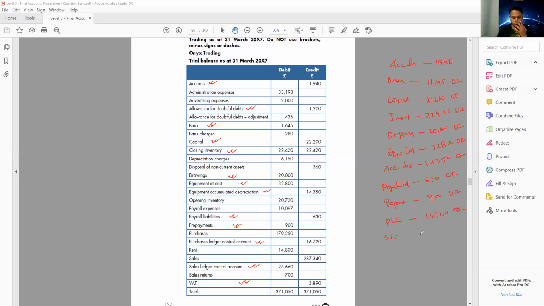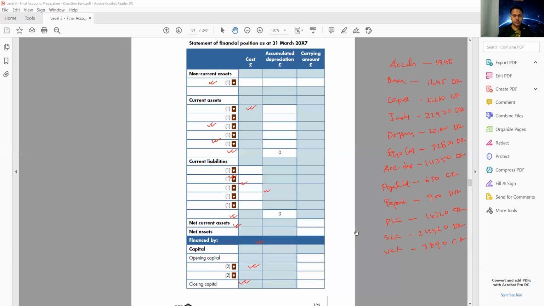This one should be the figure we did, 24,460. That's debit. And the VAT 3,890. That's credit. That's it. So we all have our information for the statement of financial position. So all you need to do now is record everything here.